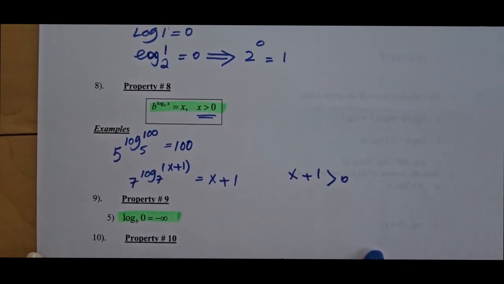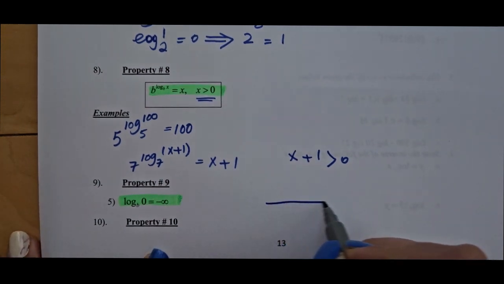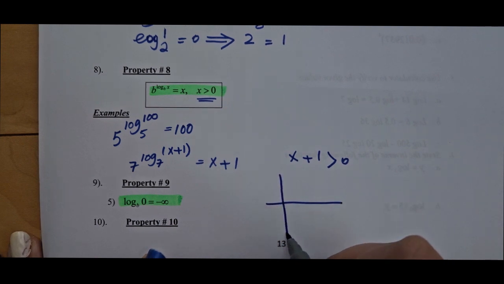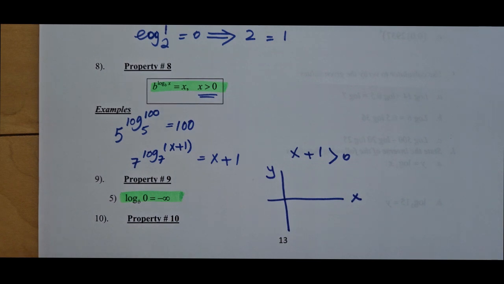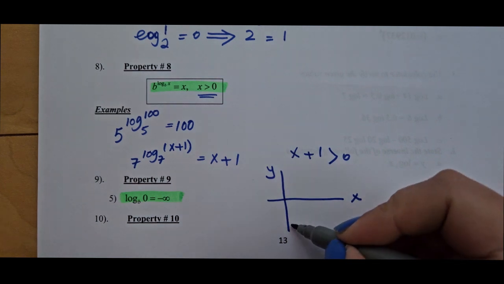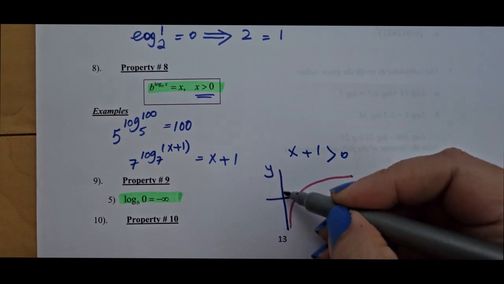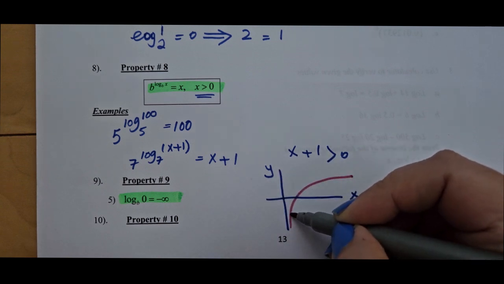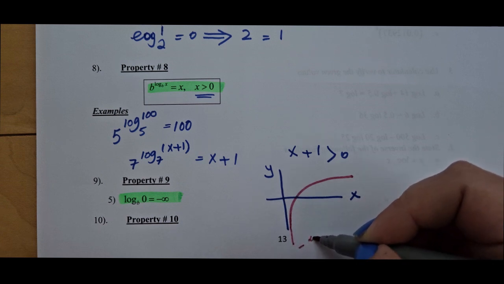Okay, so property number 1, logarithm of 0 to base b is negative infinity, because I'll show you from the graph. Because if I want to graph the logarithm, so this is x, this is y. Let me do the graph in another color. So here, this would be the graph of logarithm. Actually, this line would be the asymptote, and this graph will go toward negative infinity.